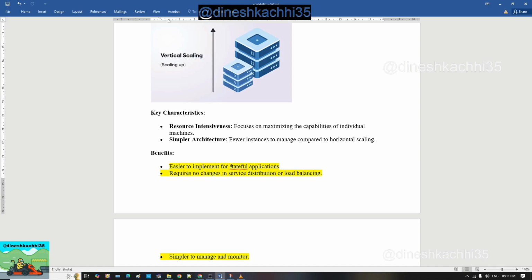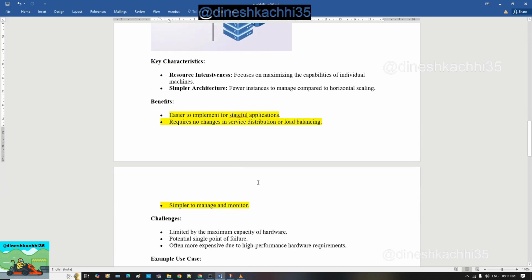Another benefit is there is no change in service distribution or load balancing, because we are scaling the same existing server, right? And if we are not changing any configuration and not adding more instances, the monitoring is also very simple.